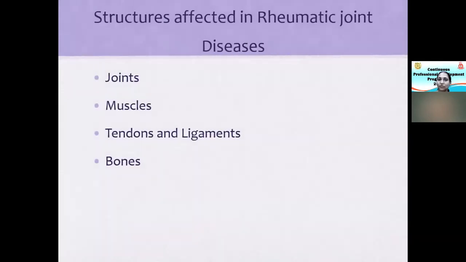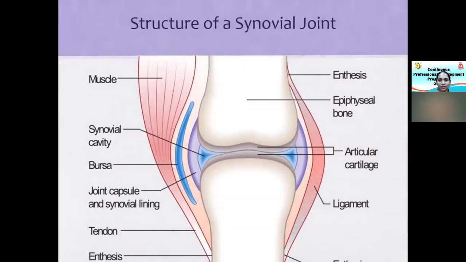So, what are the structures that are affected in these joint diseases? We have joints, the surrounding muscles, the tendons and ligaments, and the bones also getting involved.